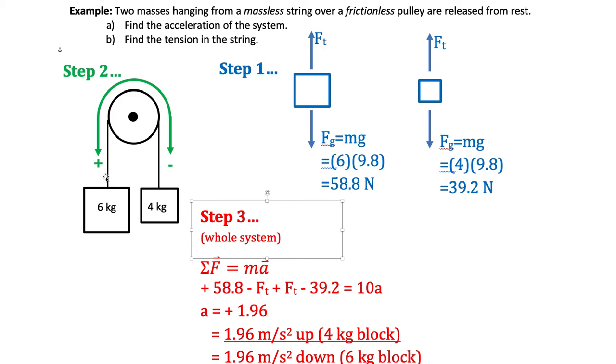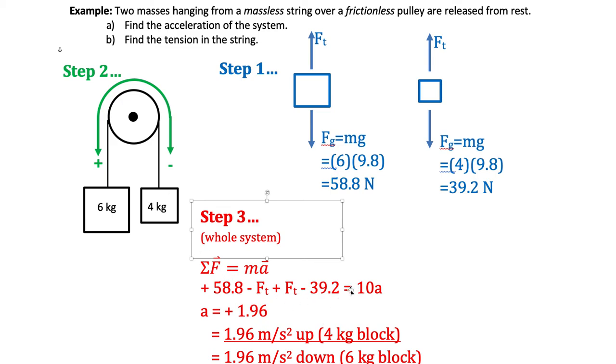It's going up, so that's in the negative direction, negative Ft. Then I have this Ft over here. It's on the right-hand side going up, so which direction is this? Positive. Positive Ft. And then I have this Fg. This is going down on the right-hand side. Well, if I'm on the right-hand side, down is negative. There's my negative 39.2. You can see now why this positive and negative are important to have written down.